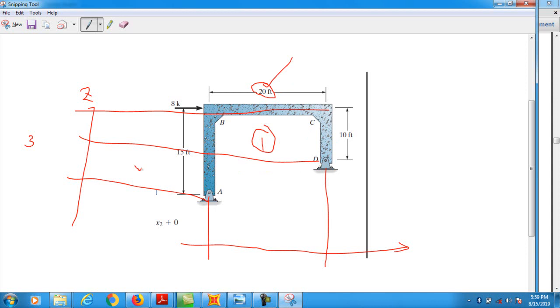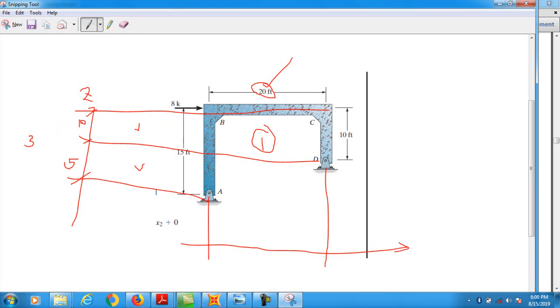The one story is this one and the other story is this one. Then you need to edit the grid spacing, and insert the first story height, that is 15 minus 10, that is 5 feet, and your second story height will be 10 feet. Clear? Your second story height will be 10 feet.